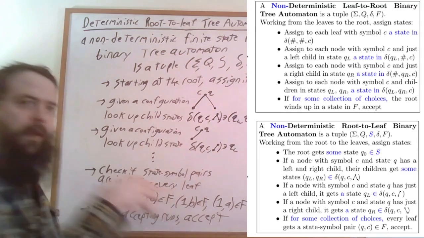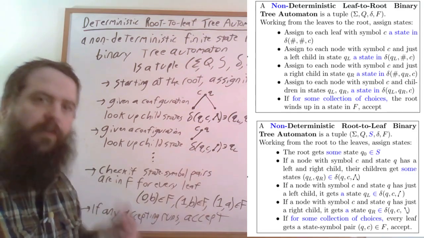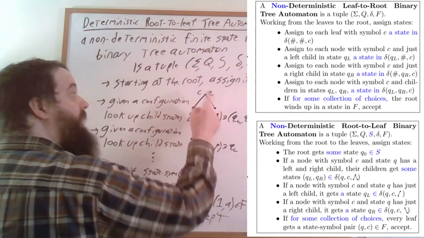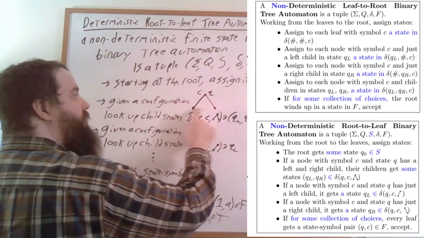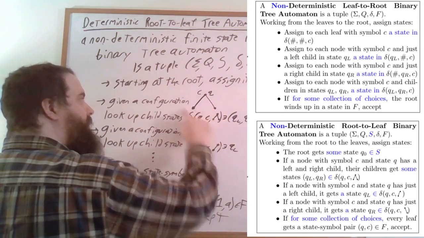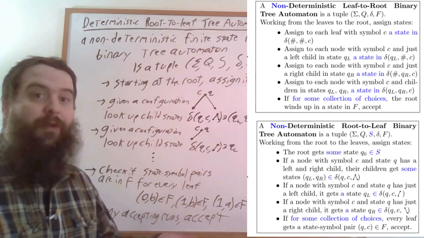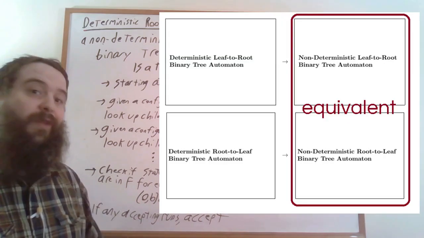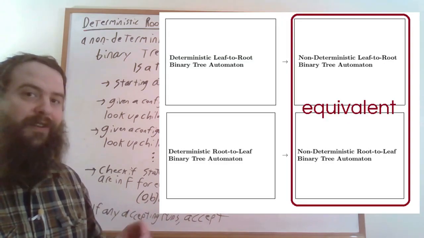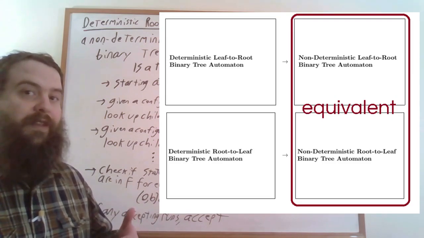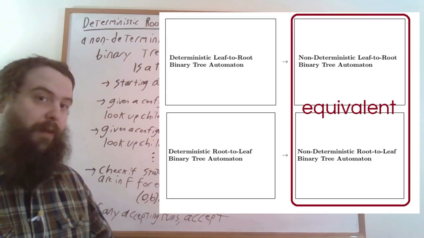And then we're just hoping that there's some sort of association of states to all of the nodes in the tree, such that anytime we look at a parent node and its children nodes, the configuration falls within that finite set of allowable configurations. So there's really no difference between non-deterministic root-to-leaf tree automata and non-deterministic leaf-to-root tree automata.